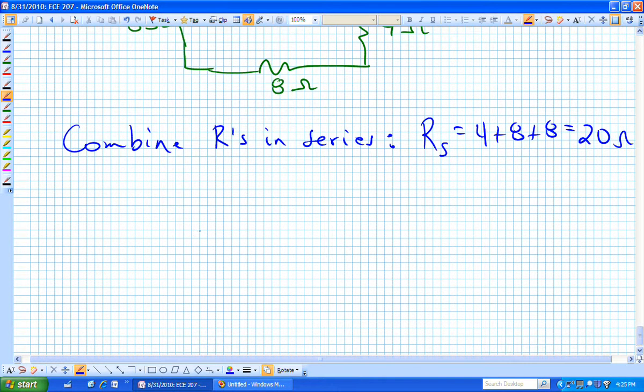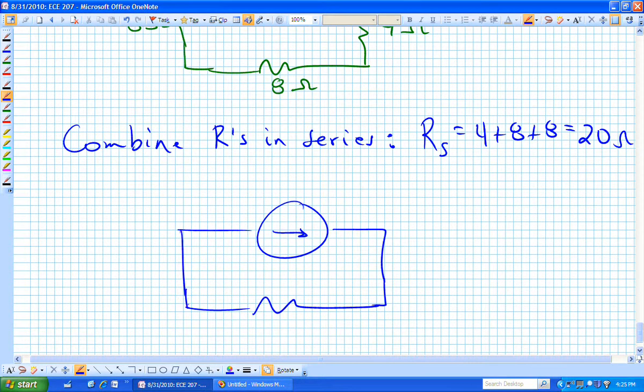Now our circuit looks like that. And the voltage dropped. If we put a voltmeter across that current source, it's across the resistor in the same orientation.